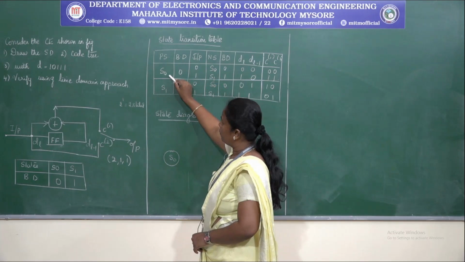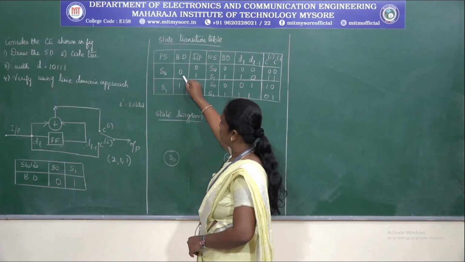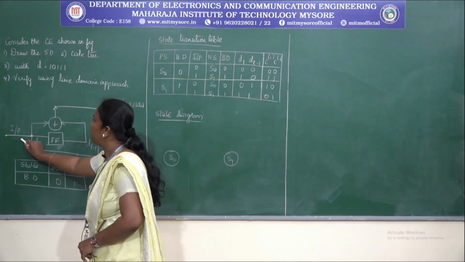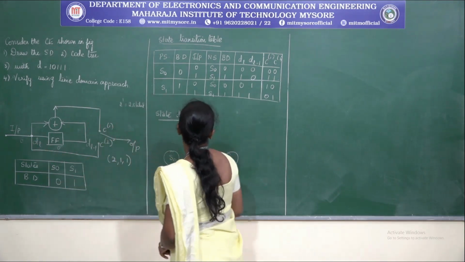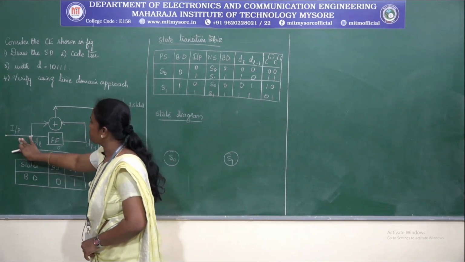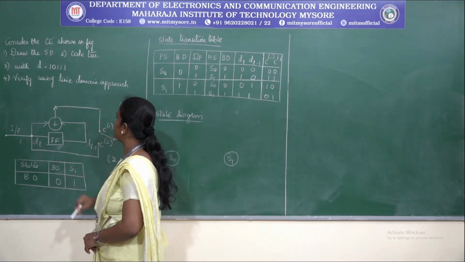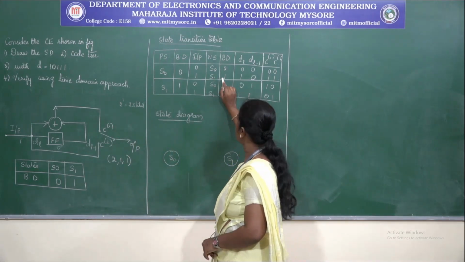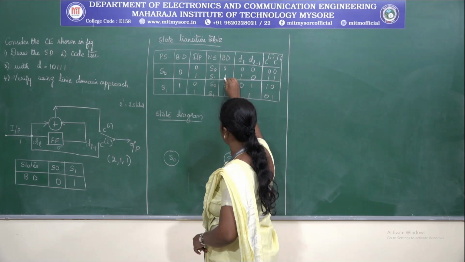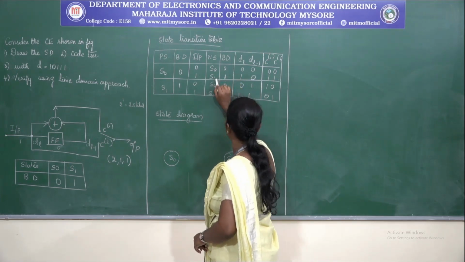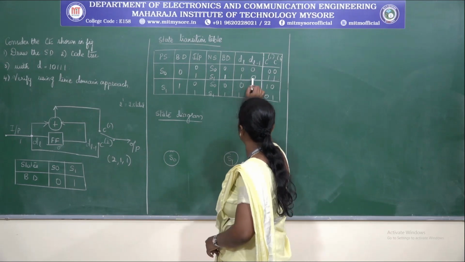For the S0 state, the binary description is 0. That means the flip-flop will be in the 0 condition, and if you input 0, the output will be 0, 0. Now if you change the input to 1, what happens? The flip-flop goes to the next state. So its state changes to 1, which means S1 state, and the output also changes to 1, 0.